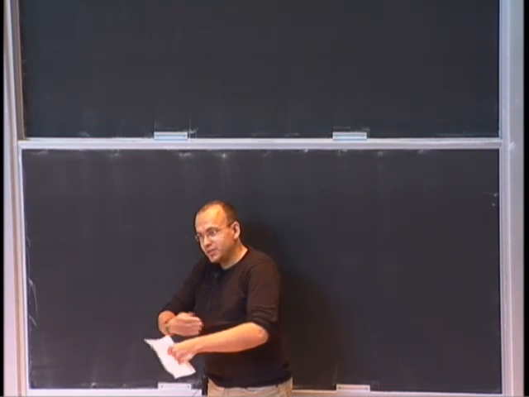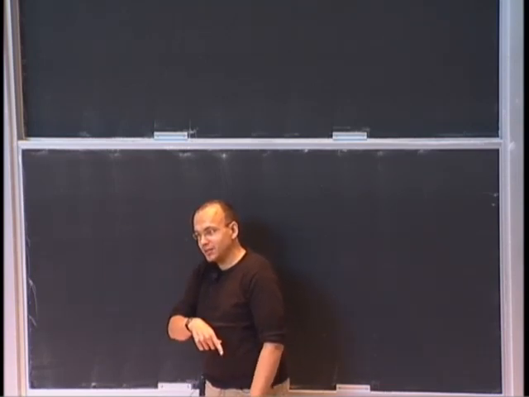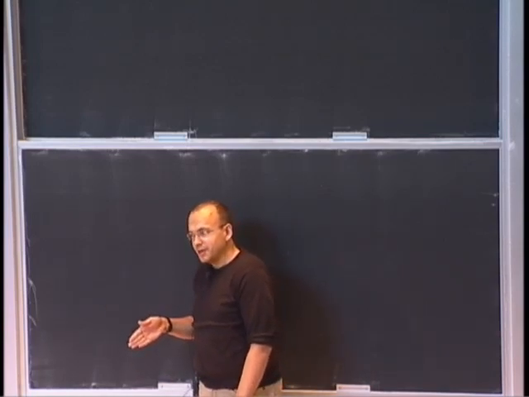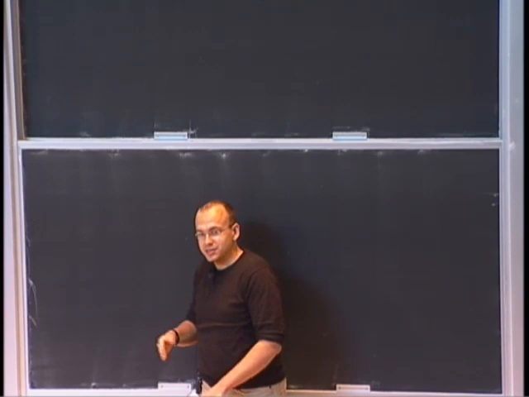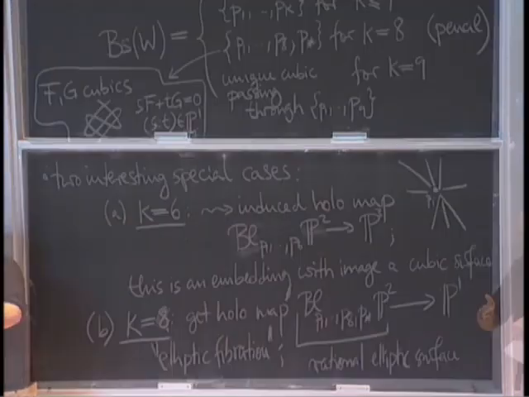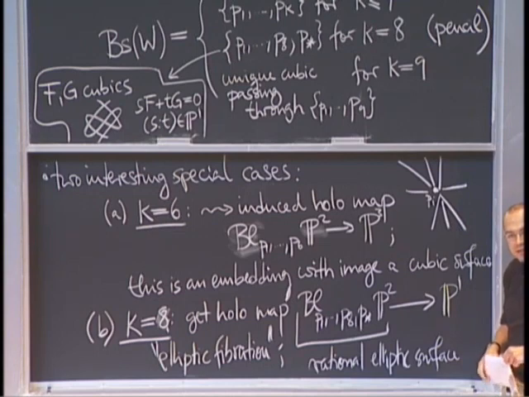If your pencil of cubics in P2 happens to contain a nodal cubic or a cusp, then that's going to pull back to a special fiber of the fibration. But there are more complicated things. Here I've drawn the cubics as intersecting transversely. But if they intersect with multiplicity at some point, then you have to blow up more than once. And that's going to give you more complicated special fibers than just singular cubics.